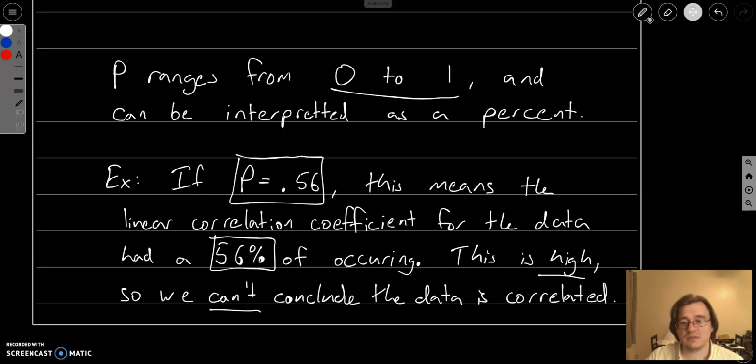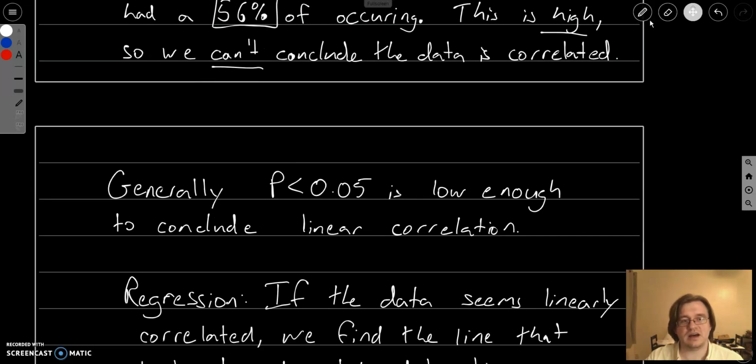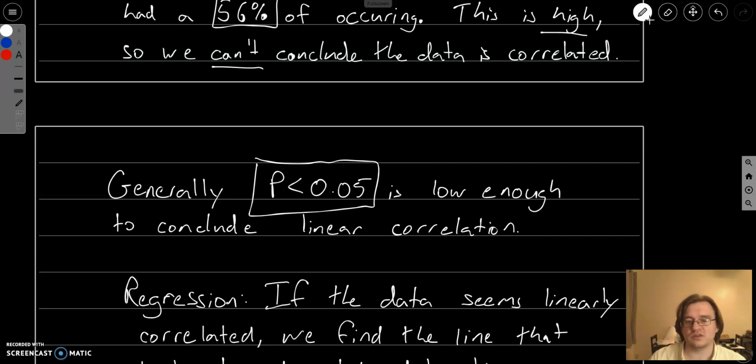In general, we would need a p-value of less than 0.05, meaning less than a 5% chance. Once we're this low, we can say that it's so unlikely to happen by chance that the data is probably linearly correlated.